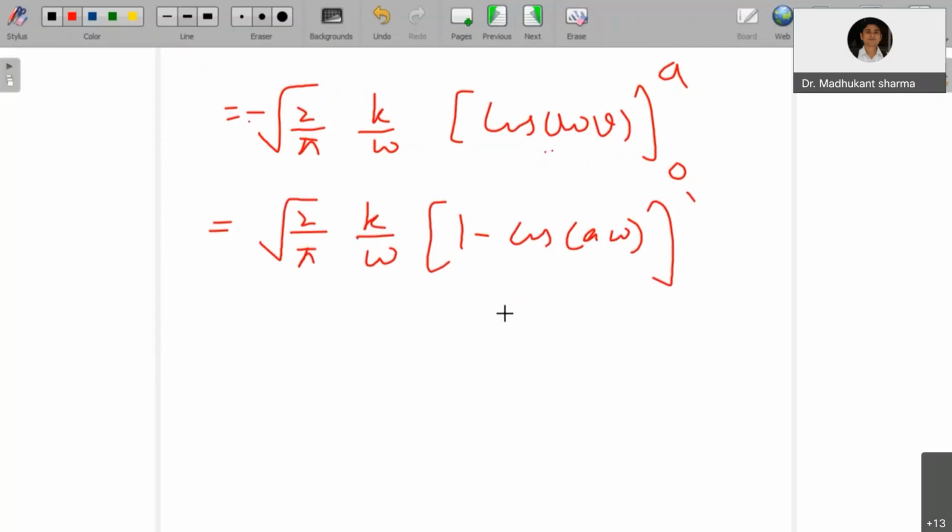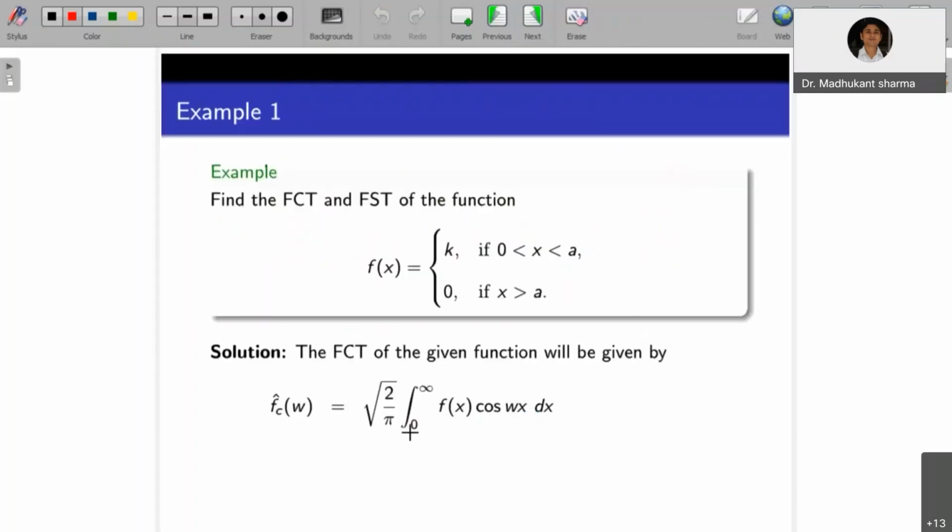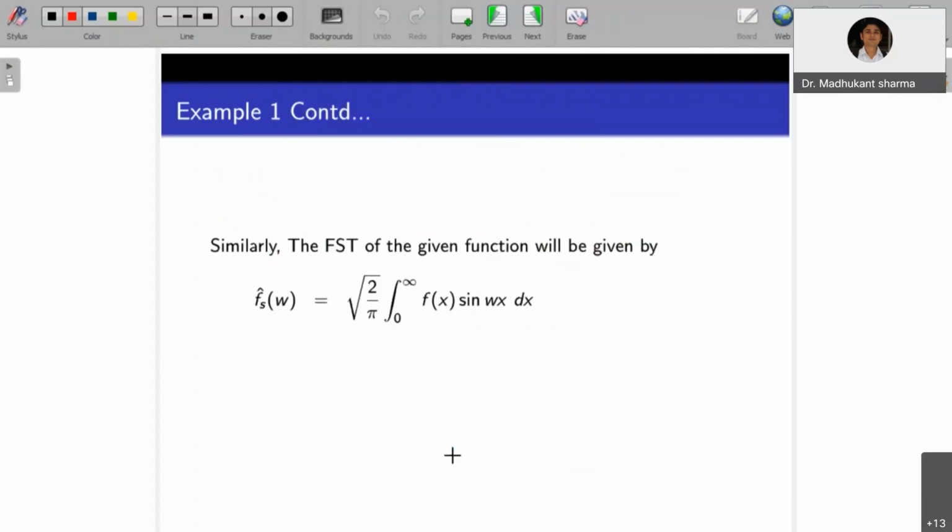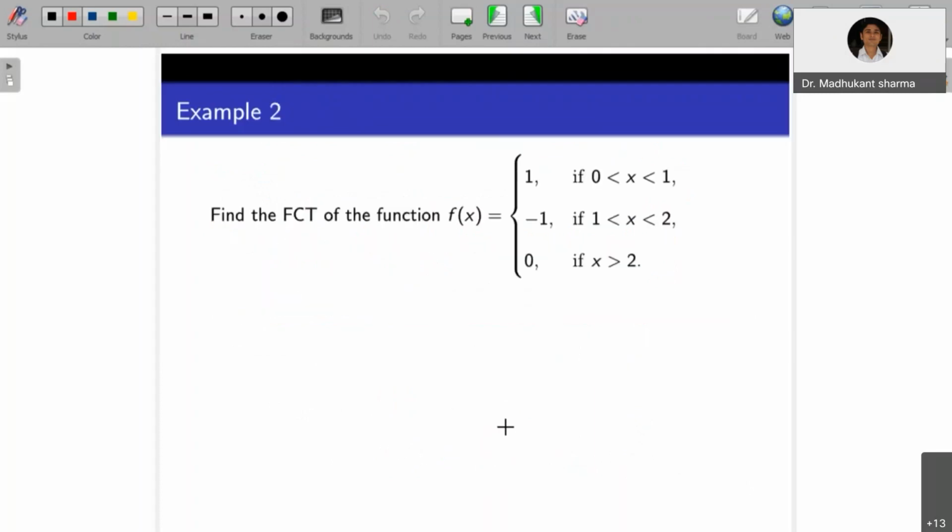You can also go with more simplification. So this is the way for finding the Fourier cosine transform and Fourier sine transform of this particular function. Right. Now let's take one more example.